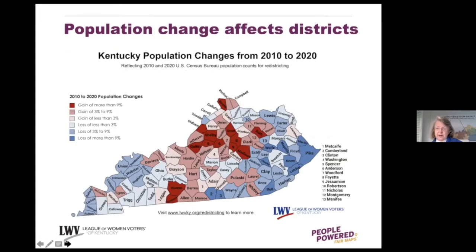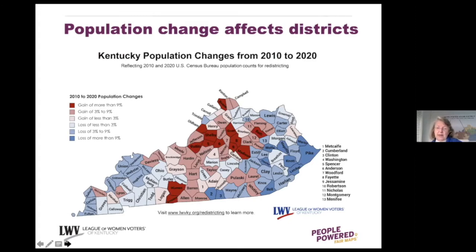Now, one of the challenges that those creating the maps will face is the changes in population. In this map, the blue counties represent districts that have lost population. And the deeper the color, the greater the loss. The red or pink districts, or counties, all gained population.